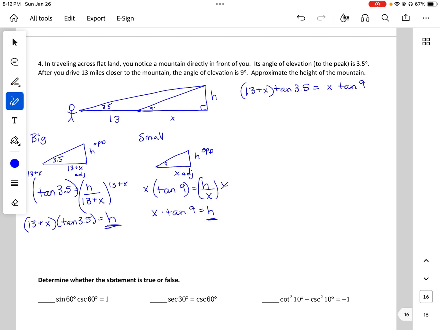Okay, so I want to solve for x, and then I can plug that back in to find h. So we have a common variable here. We have x. So let's go ahead and do a little distribution. So 13 tan 3.5 plus x tan 3.5 equals x tan 9. Okay, so then we need to subtract this x tan 3.5.